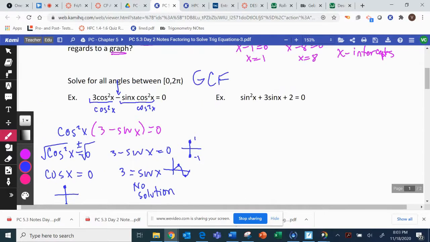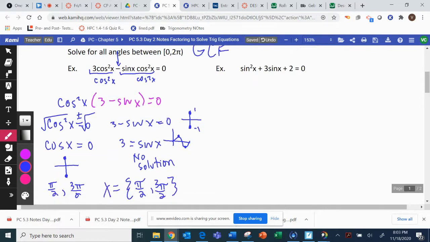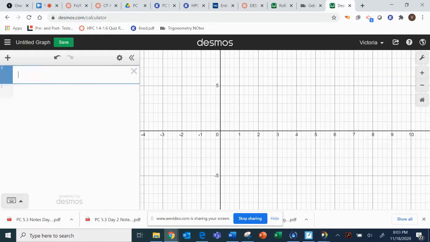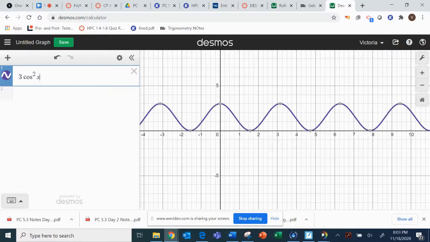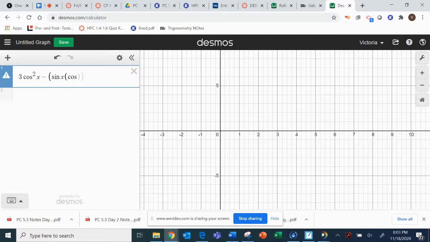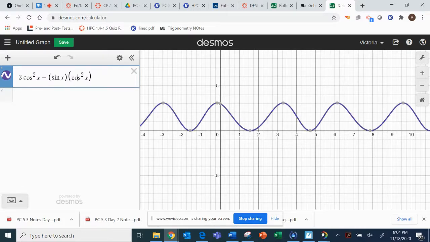So I just want to show you how you can check your answers using the graph. We're going to graph 3 cosine squared x minus sine x cosine squared x. Desmos is a little funny about when you graph trigonometric ratios multiplied together.